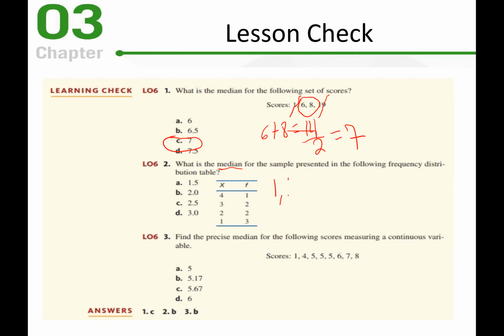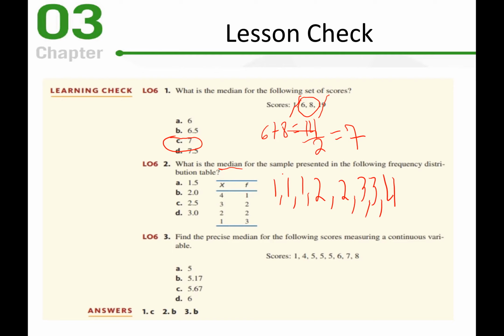So it's 1, 1, and 1. There's 2 people who scored a 2. So that's 2, 2. There's 2 people who scored a 3. So that's 3, 3. And there's 1 person who scored a 4.